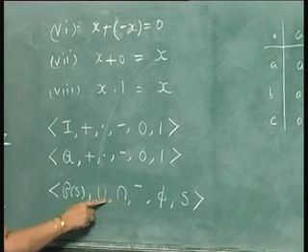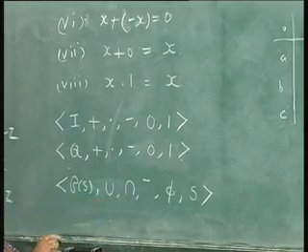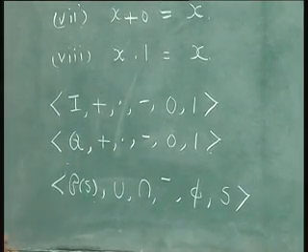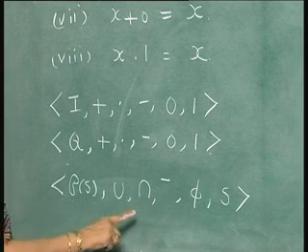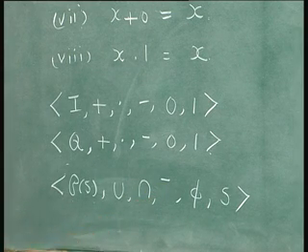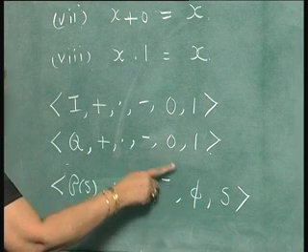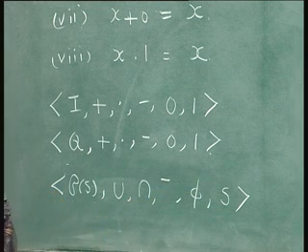Then there are 2 binary operations. Union and intersection are binary operations. There is one unary operation, the complement of the set. You know what is meant by the complement of a set. Then this is the empty set, which is like a constant. The whole set S is another constant.